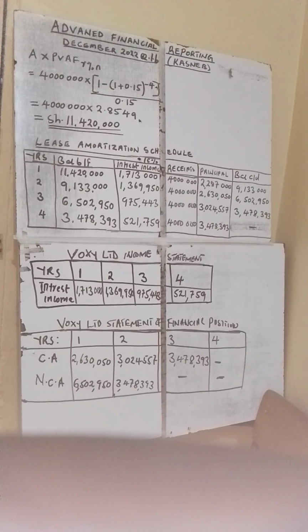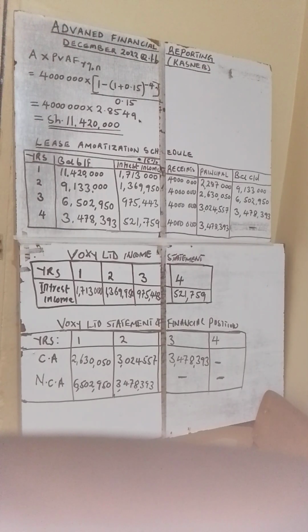So in this case, you'll be paying maybe by the start of the year or by the end of the year. The leaser remains the owner of the asset, while the lessee has the right to use the asset for agreed rental payments to be paid over a given period of time.